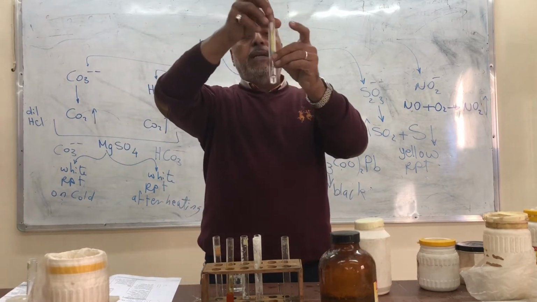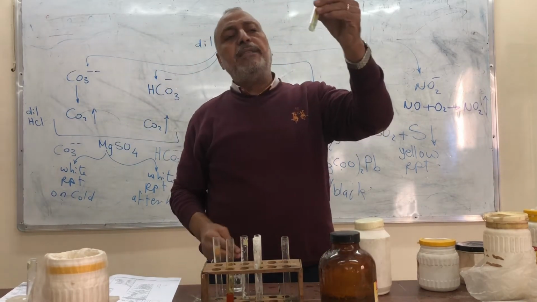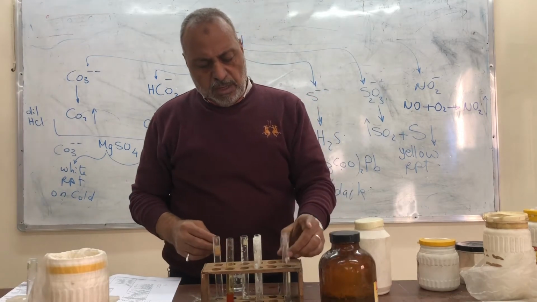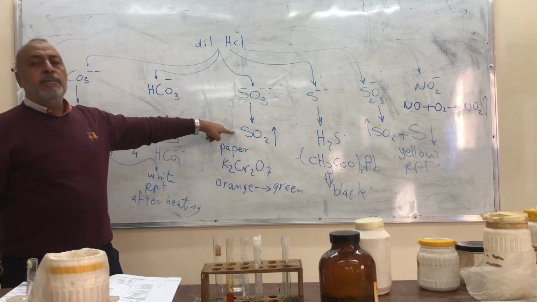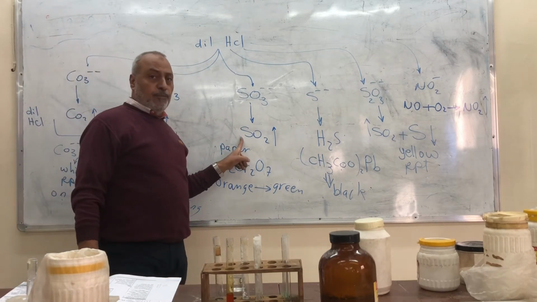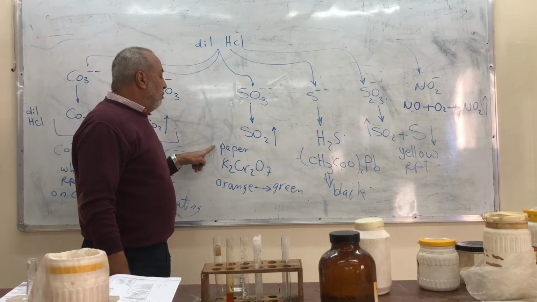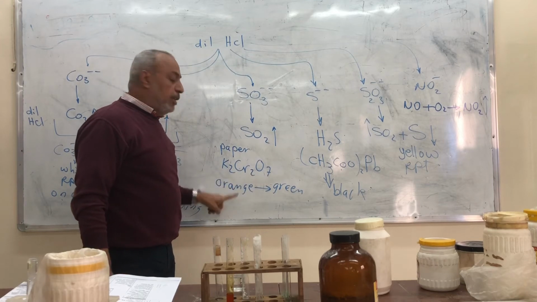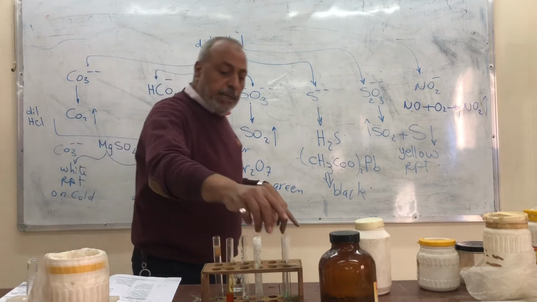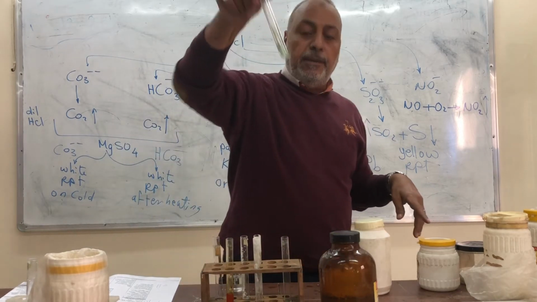The first one, sulfite, will produce SO2. To test the presence of SO2, an irritating gas, we use paper of K2Cr2O7; its color will change from orange into green. It appears clearly.